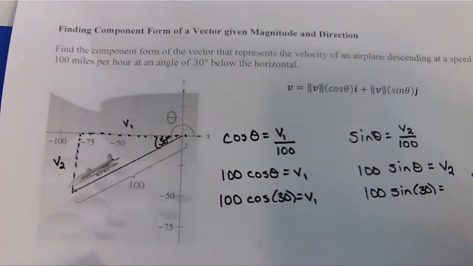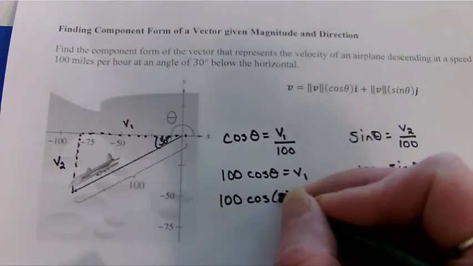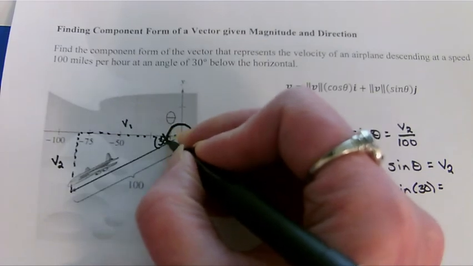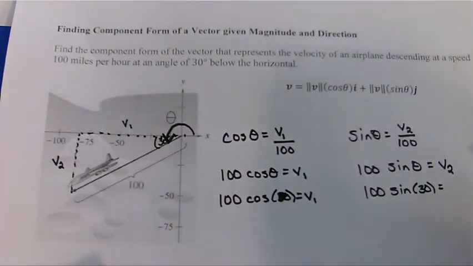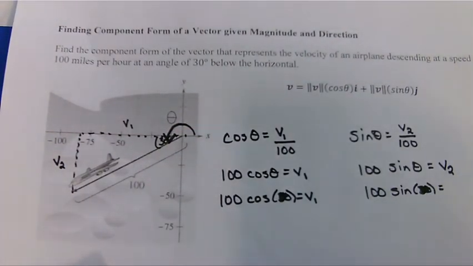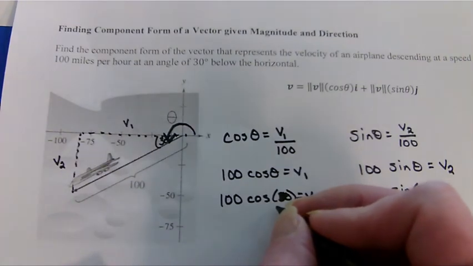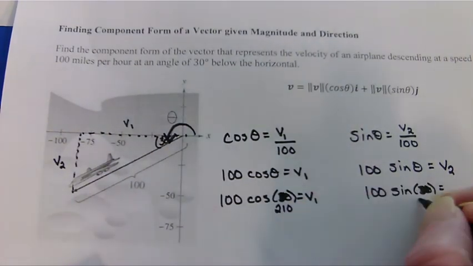But, you know what? I don't really want that 30. I want the entire angle. What is that entire angle? It's not 30 degrees. That's just the reference angle. Well, that's 180 plus 30. That's actually 210.